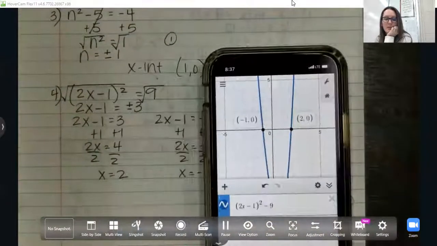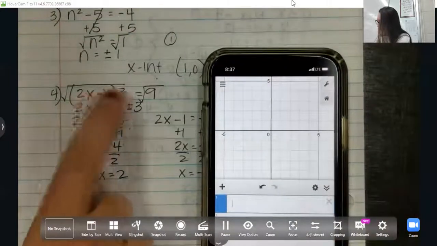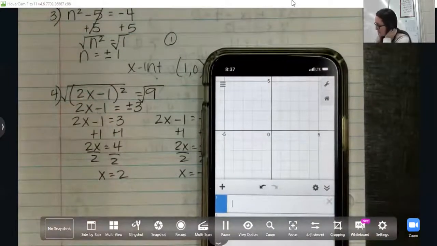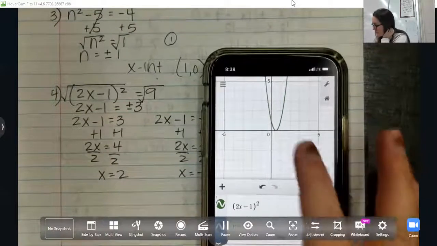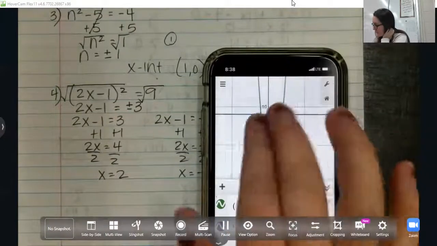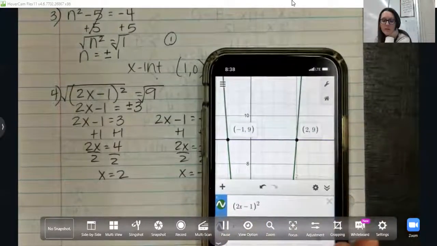That was what my answer was. Or we can set this up as a function, (2x minus 1) squared, and then we can say y equals 9 on the other one. There's my y equals 9. There we go. So y equals 9 is up here. So my intersection points are at -1 and 2.